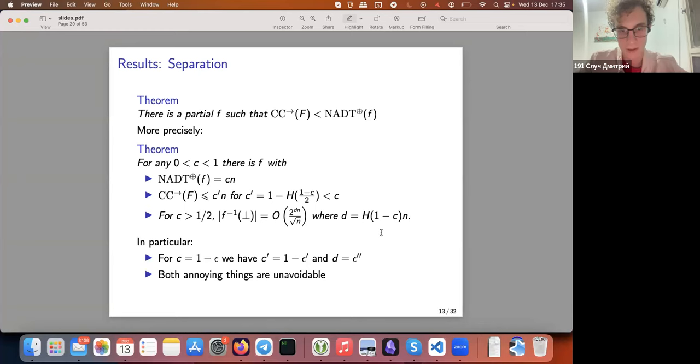And for the corner case, when c is large, the non-adaptive parity decision tree complexity is large. Communication complexity is also large but smaller than c. But d is small, so there's a small number of undefined points such that the separation for f exists. So we can't.